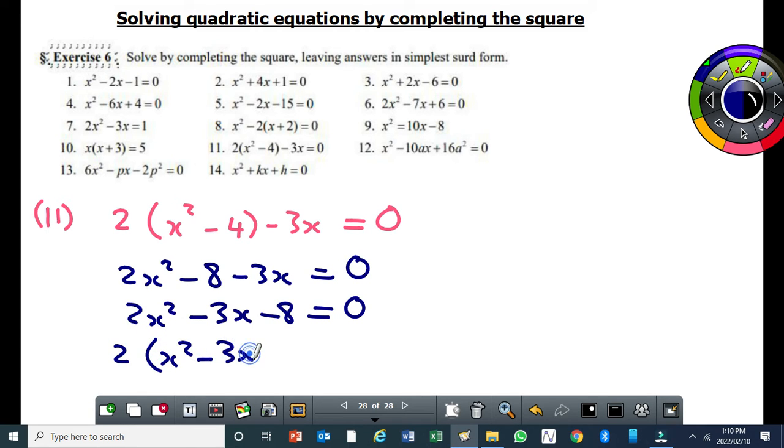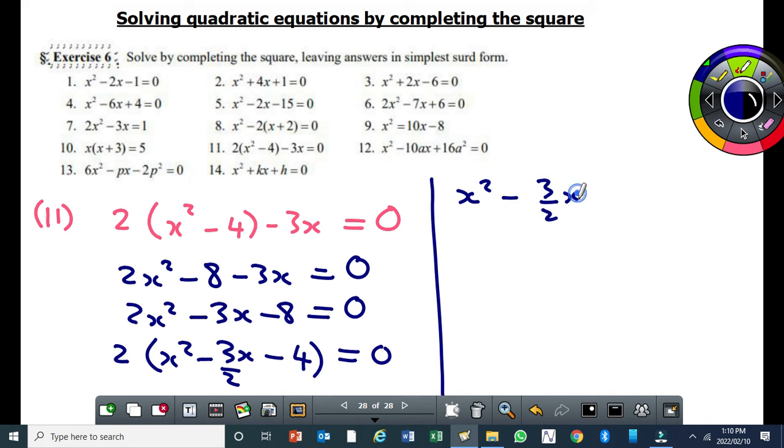So from here, let's factor out 2. Okay? If I factor out 2, this becomes 3 over 2x, and that becomes a 4. I factorized. Then, if I divide both sides by 2, my trinomial is going to become x squared minus 3 over 2x minus 4 is equal to 0.